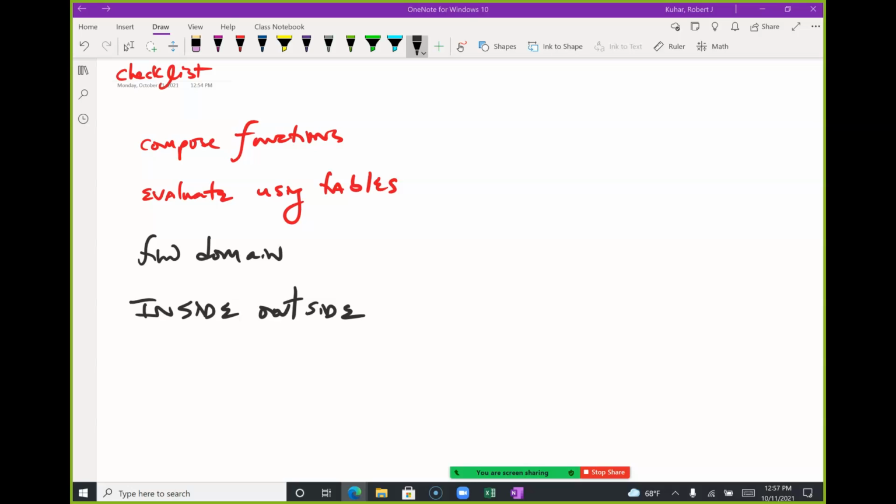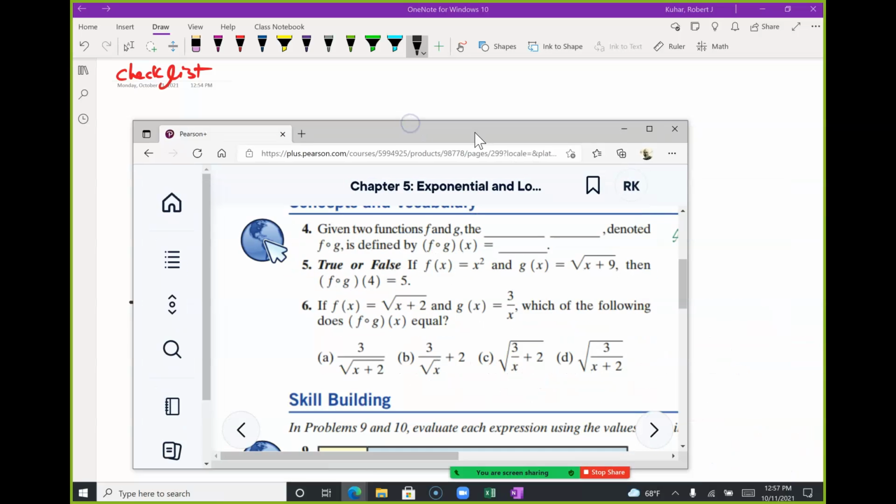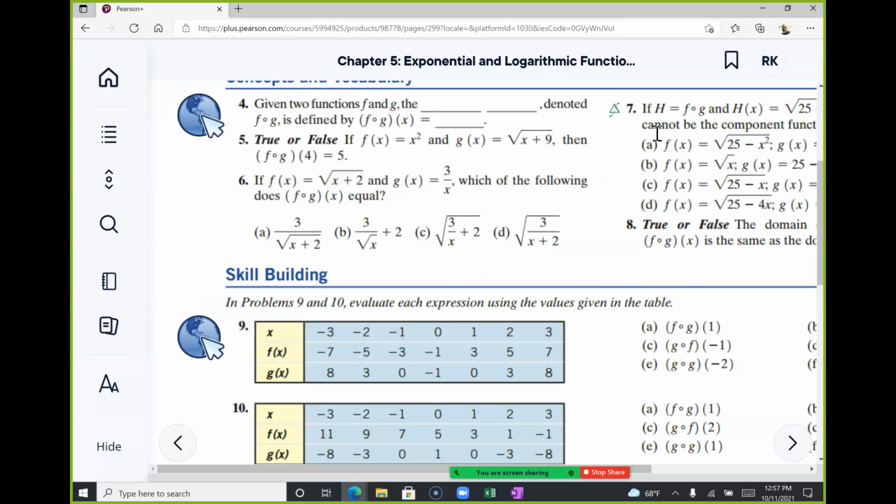So let's look at a table problem first. These are very simple, but for some students it gets a little bit confusing. So I'm looking at number 9 here. Let me just move it to my other page here. So number 9, there's a whole bunch of parts, but you can see here part A, C, and E. I'm composing F composed of G of 1.